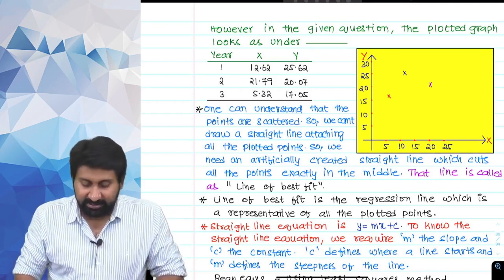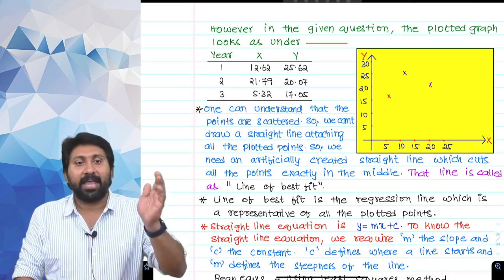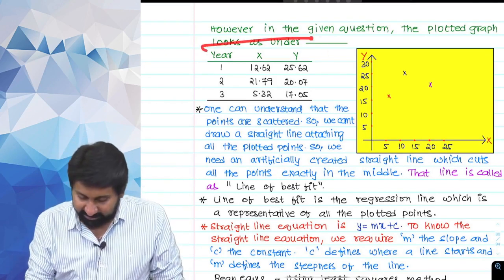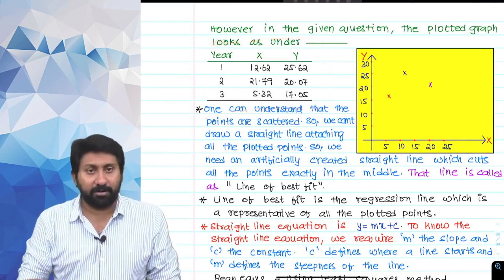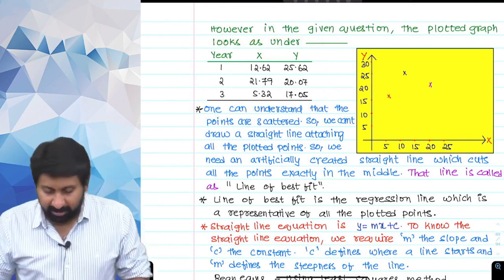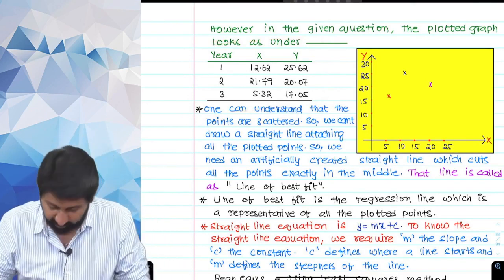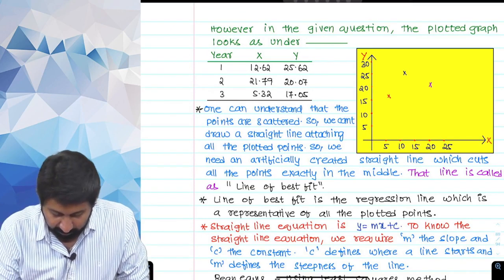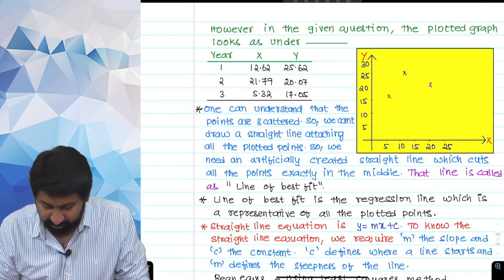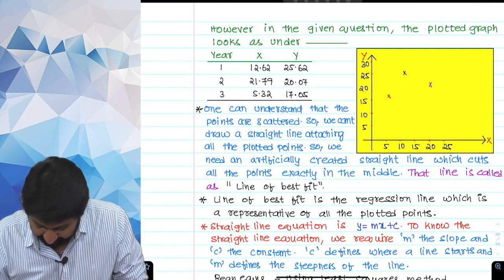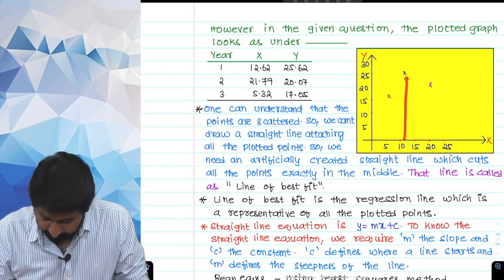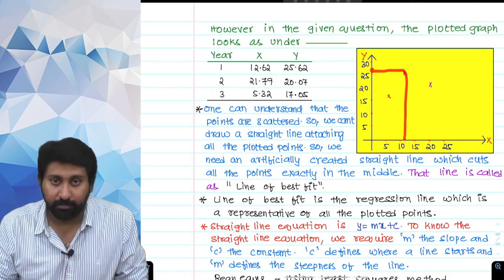He has taken X and Y as a base, the set of information from this question, and plotted it on a graph. First, 12.62 and 25.62, somewhere here.